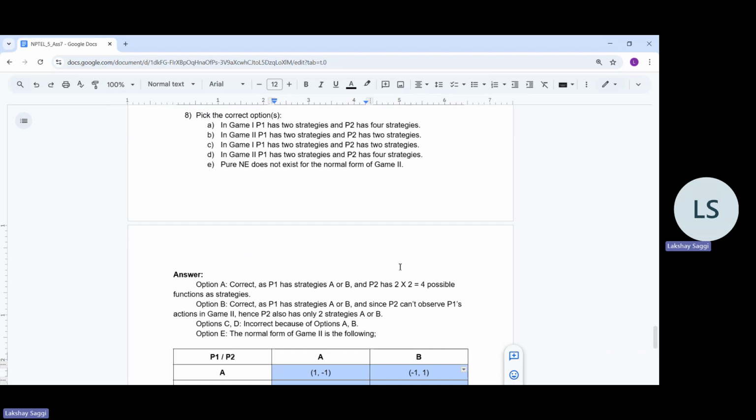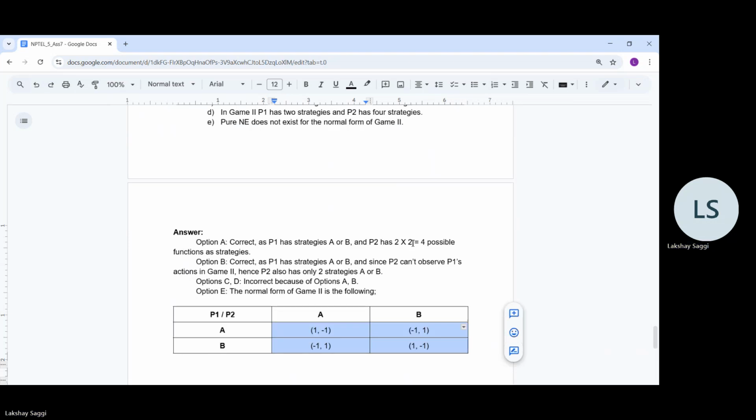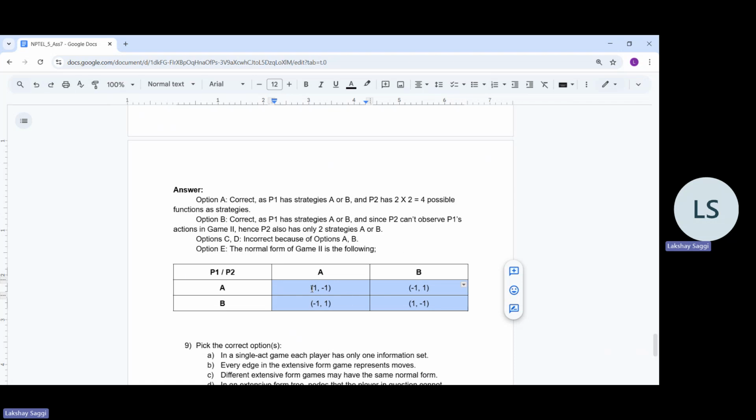Okay, so these are the four possible deterministic strategy profiles. Let's see whether there exists a pure Nash equilibrium, that is, if one of these strategy profiles corresponds to a Nash equilibrium. Let's just consider this first. Here player 1 has no incentive to switch because payoff 1 is greater than minus 1. But player 2 will have an incentive to switch because the payoff will increase from minus 1 to 1.